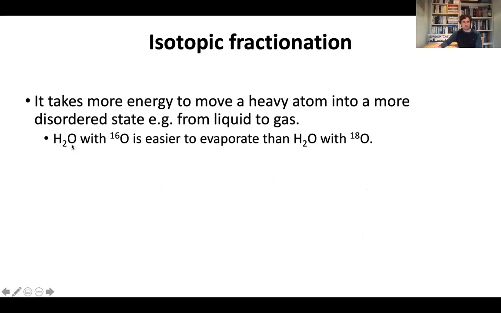So if you've got your water molecule and it has oxygen-16 as the oxygen, that will be easier to evaporate than your water molecule if the oxygen is oxygen-18, because this one will be heavier. So it's harder to evaporate than the water with oxygen-16 in, which is lighter and easier to evaporate.